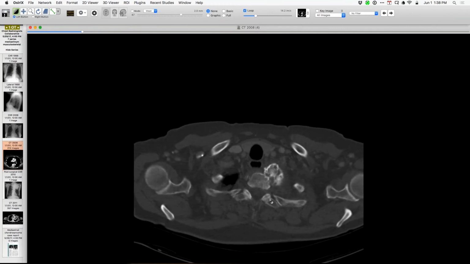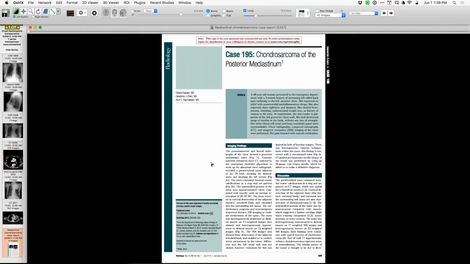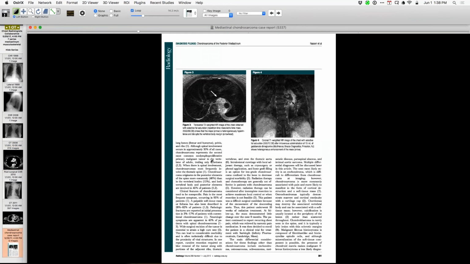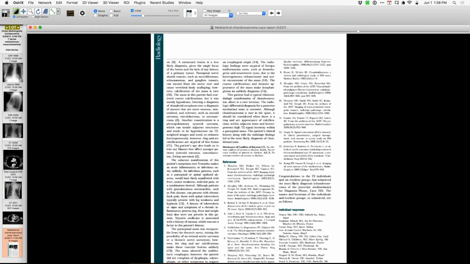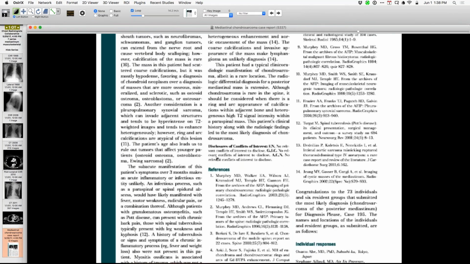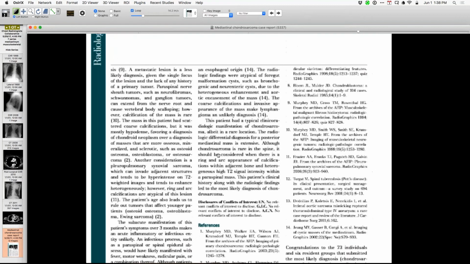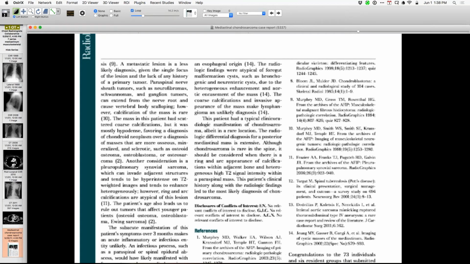Howard, does the article imply that they're always associated with bone, or sometimes, or can they just be arising without bone? Yeah, I think that there is a comment here, if I can get to it. It says a typical manifestation of chondrosarcoma, albeit in a rare location. Differential diagnosis is extensive. Although chondrosarcoma is rare in the spine, it should be considered.